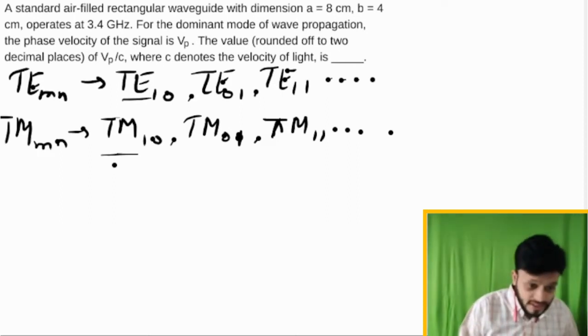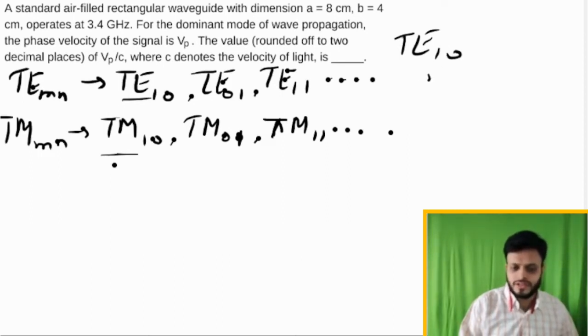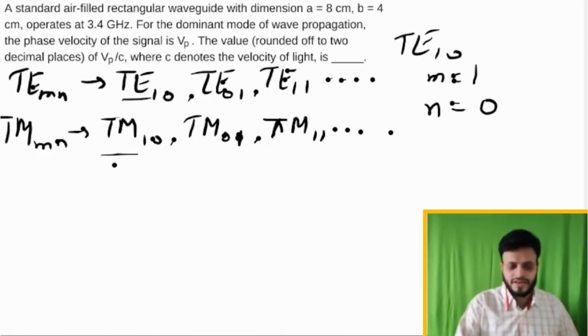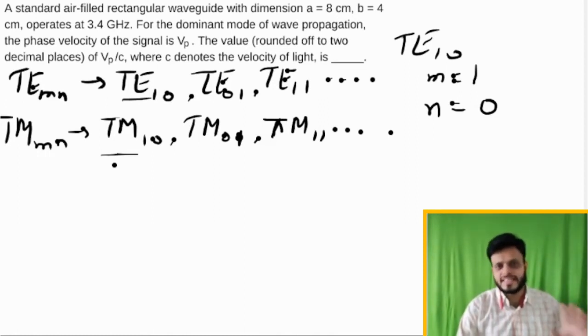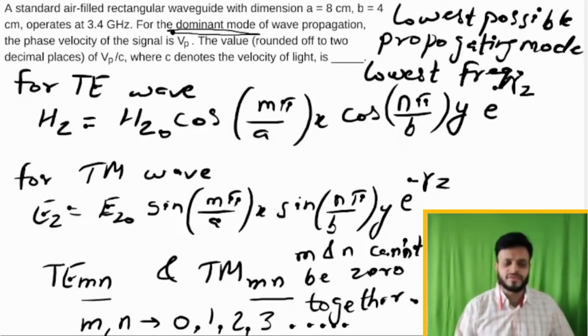So here let us consider first the TE10 mode. Here in TE10, the value of m is 1 and the value of n is 0. So let us go back to the last slide where we have written the Ez and Hz equations.